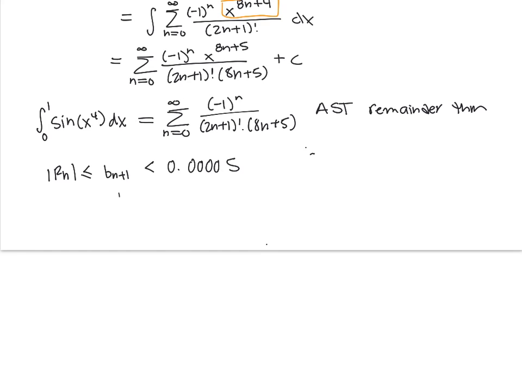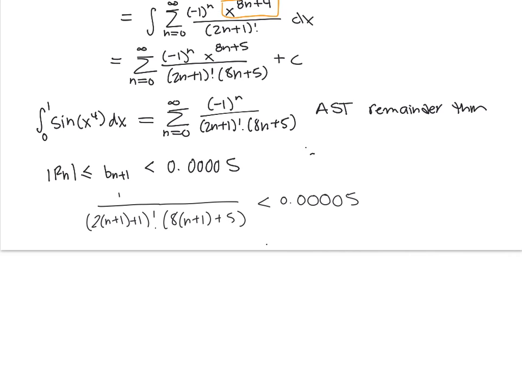So that will be 1 over (2 times (n plus 1)) factorial times (8 times (n plus 1) plus 5). We need that to be less than 0.00005.